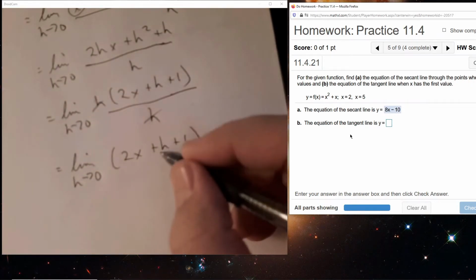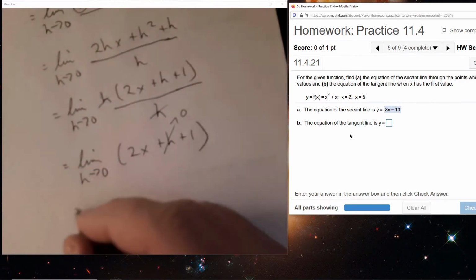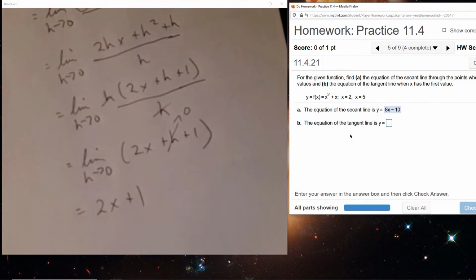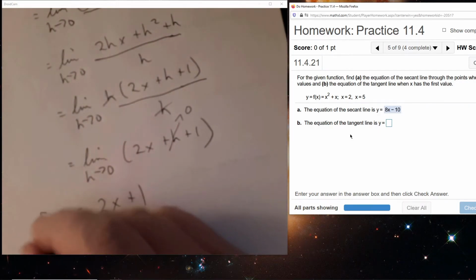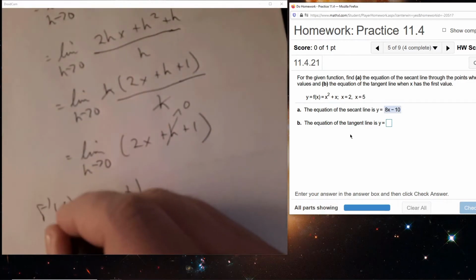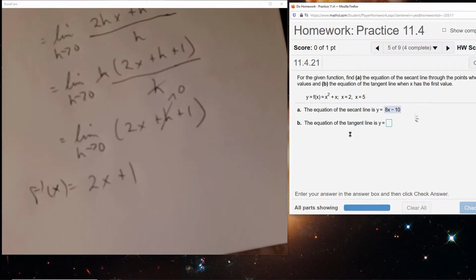So now as h gets forever closer to 0, this limit is getting forever closer to 2x plus 1. And that is the derivative. Now, the derivative gives us the slope of the tangent.